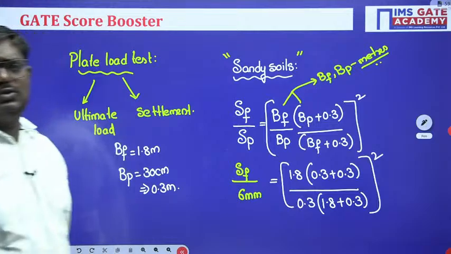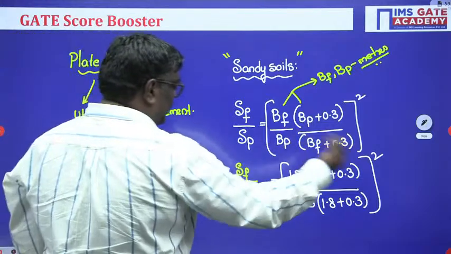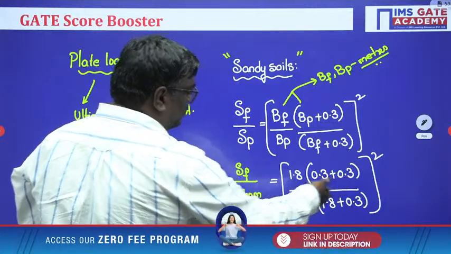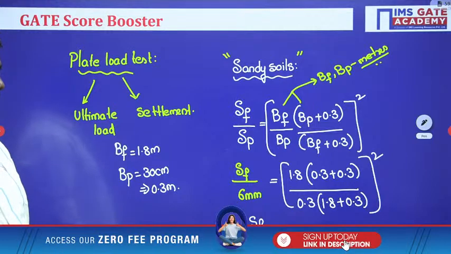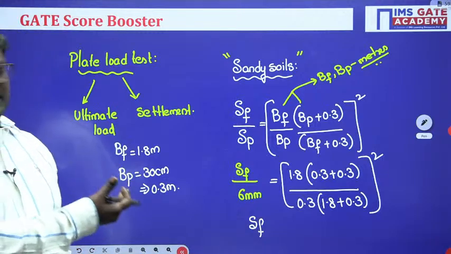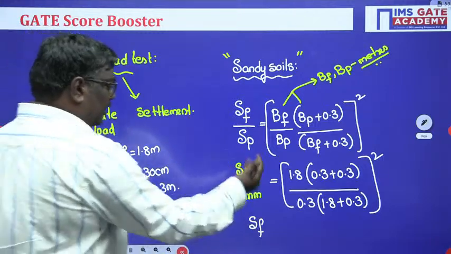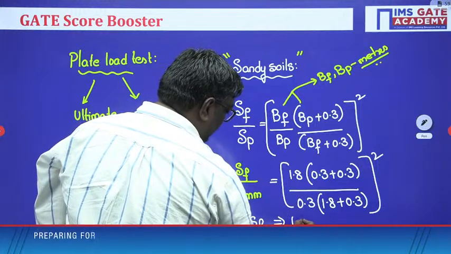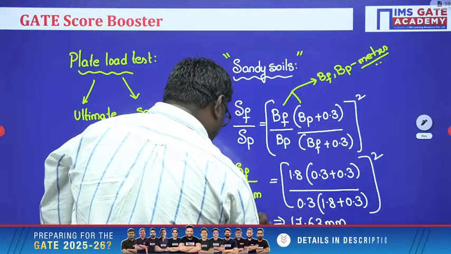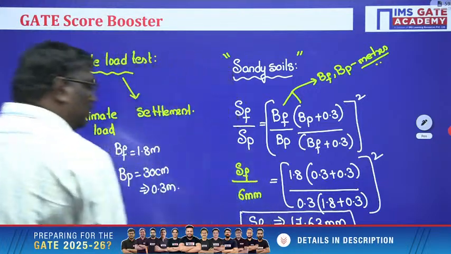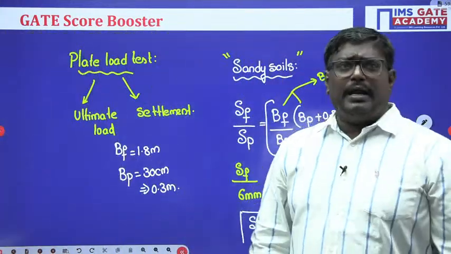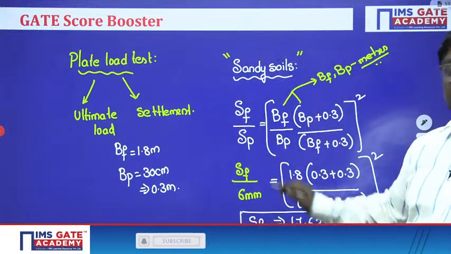If you solve this, you will get around 1.5 or 1.6, and if you do the whole square, you will get around 2.96. And if you solve this problem, you will get settlement of foundation equal to 17.63 mm. What is the answer, sir? 17.63 mm.